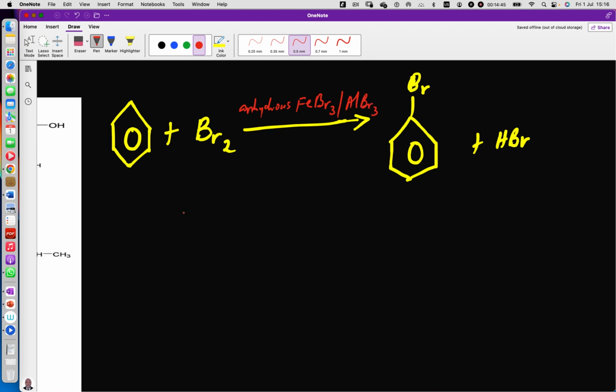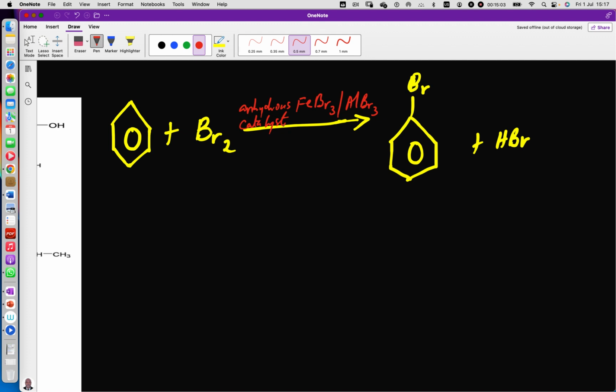You can use either of these. They will act as catalysts. You can use anhydrous iron 3 bromide or aluminum chloride. All of them are halogen carriers.